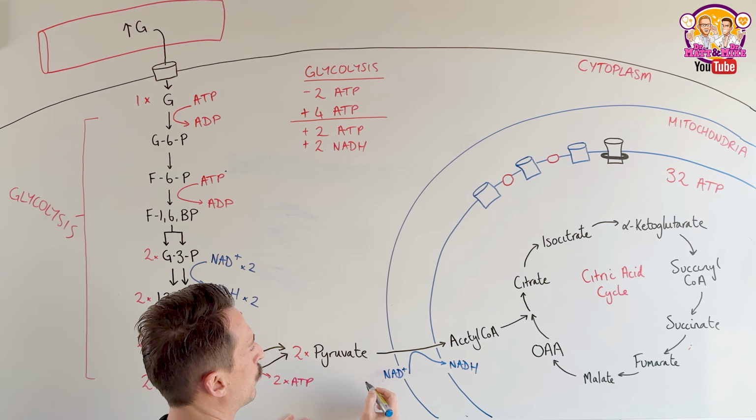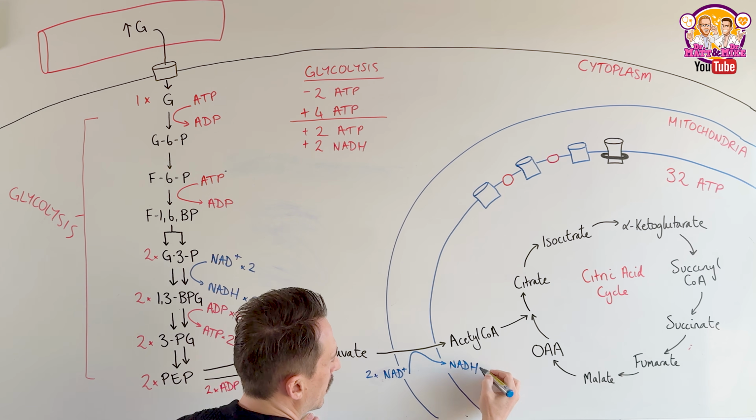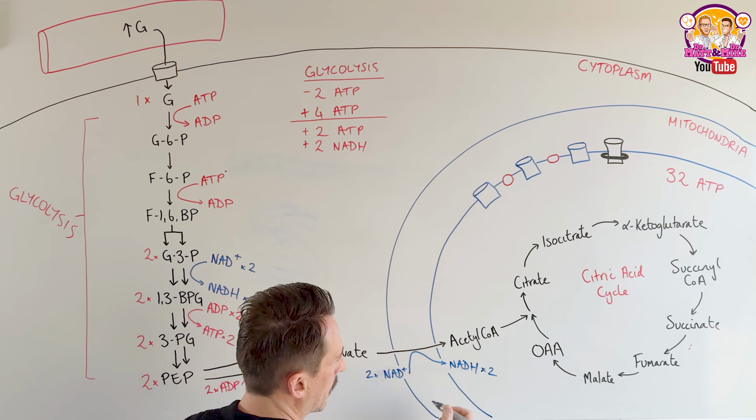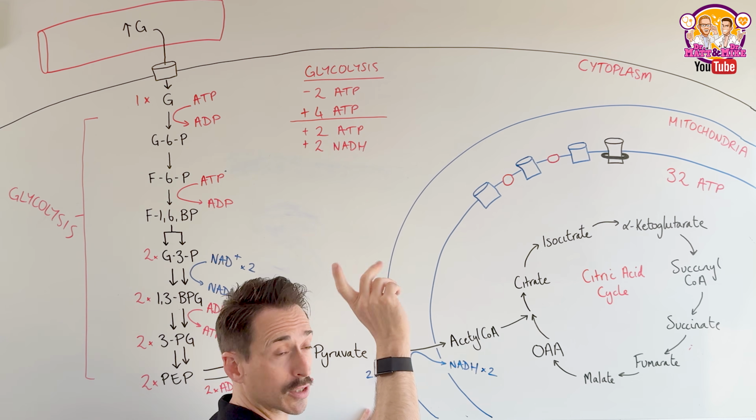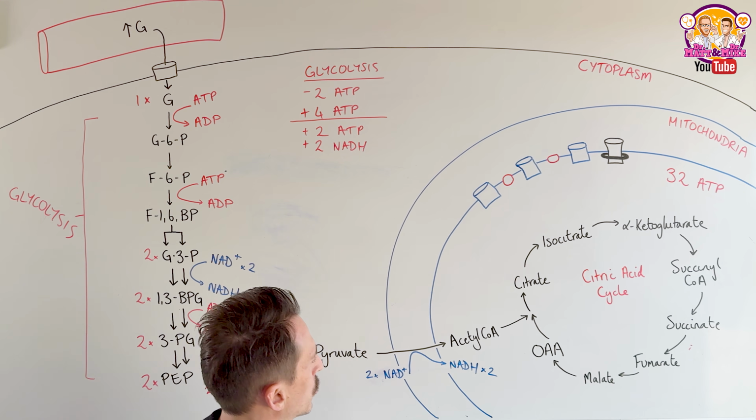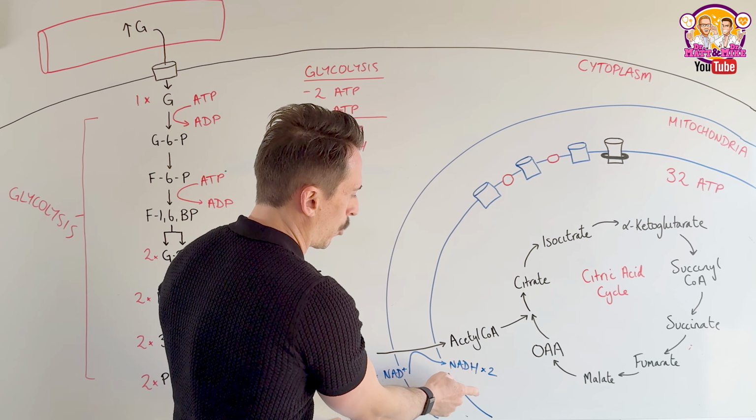NADH. But remember, there's 2 pyruvate, so it turns 2 NAD+ into 2 NADH. Now, even though I've only written 1 acetyl-CoA, there's 2 of each of these with every cycle. Okay, so now we've produced more NADH.